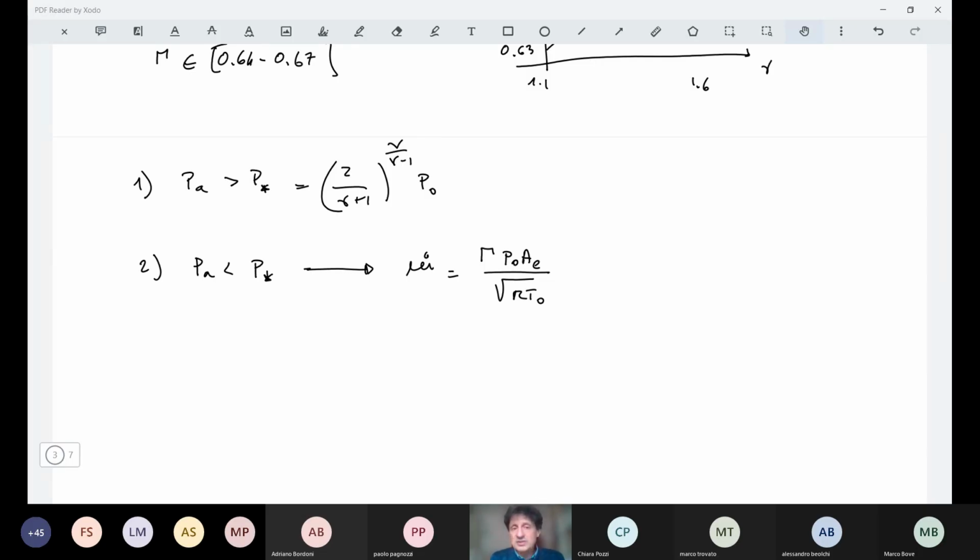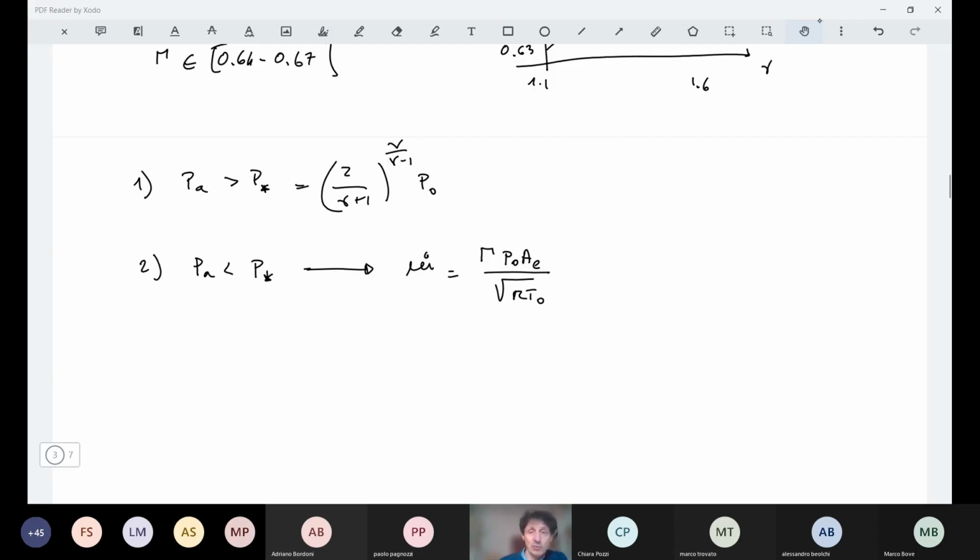But we have noticed that we need high pressure ratios, and the choking condition only allows us to reach something like 2, whereas we were saying at the beginning of today's class that perhaps 50 could be the minimum value that starts to be interesting in terms of expansion ratio to have good specific impulse, to have high exhaust velocity.